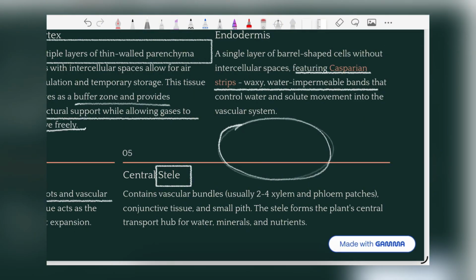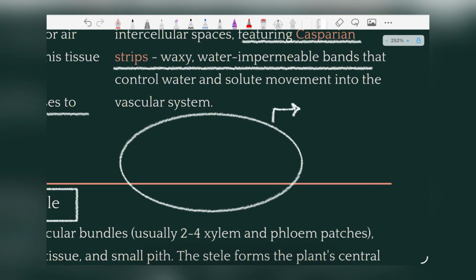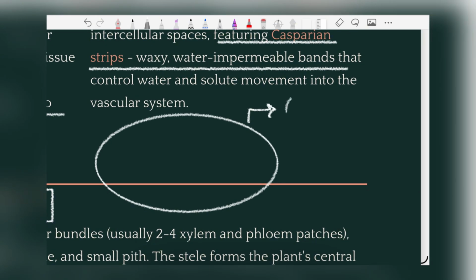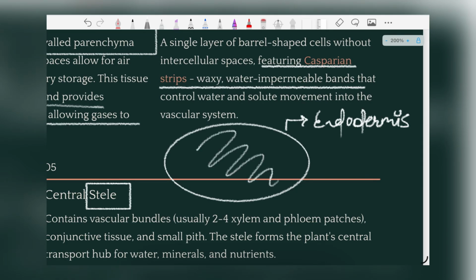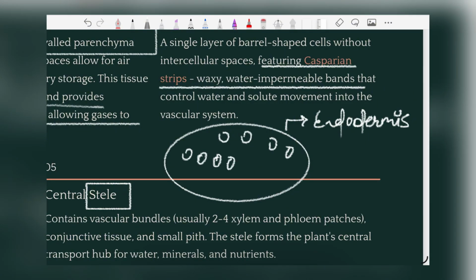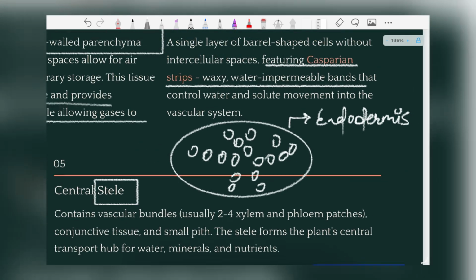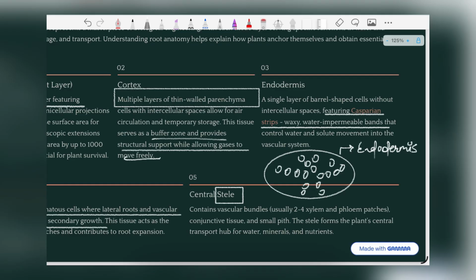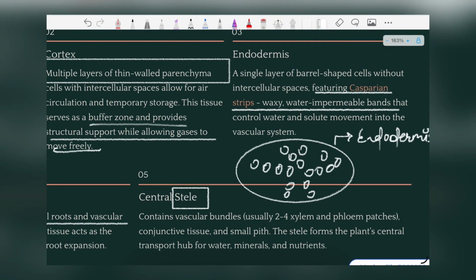If this is endodermis, anything inside it is stele. That covers the xylem, phloem bundle, vascular bundles, conjunctive tissues.